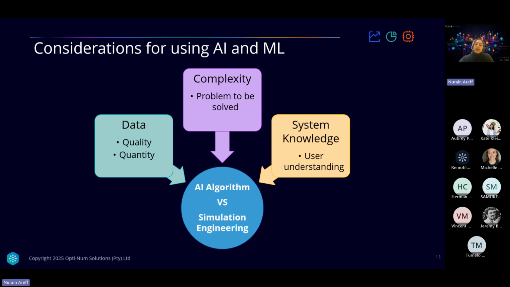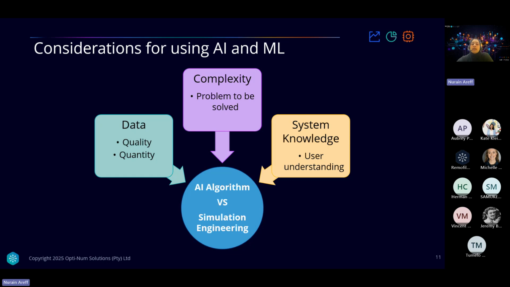For AI and machine learning, they have this saying that if you put garbage into the model, you get garbage out of the model. So you really need a lot of good quality data if you want to perform machine learning or AI. Whereas with simulation engineering, you don't need a lot of data, but you need a deep understanding of the physics laws of the system to simulate it.